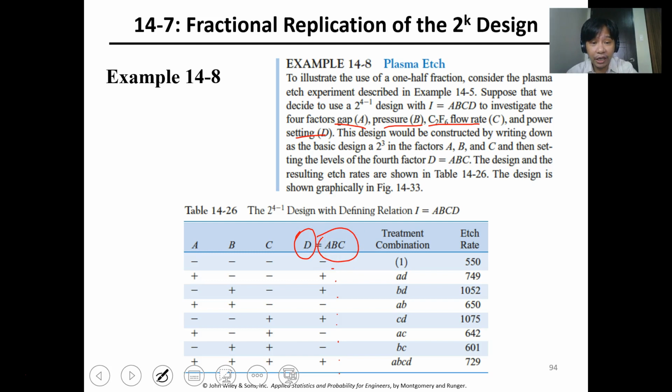So, just multiply, ha? Multiply nyo lang yan. Ito yung plus-minus na design. So, the design and the resulting etch rate are shown in Table 14-26. Ito yung treatment combination. Ito yung etch result. Ayun yung data natin.